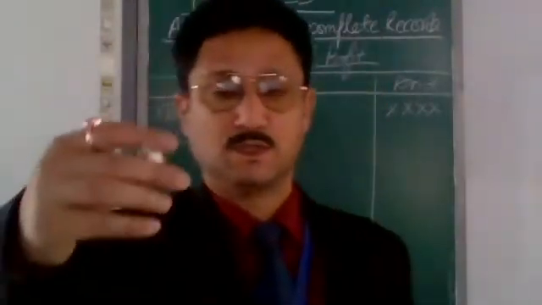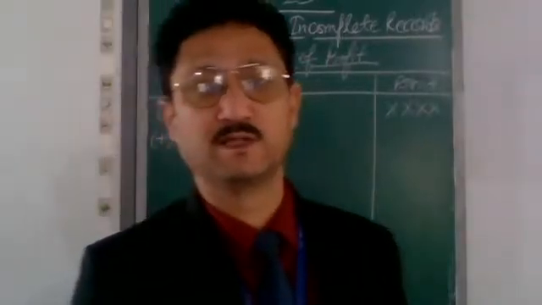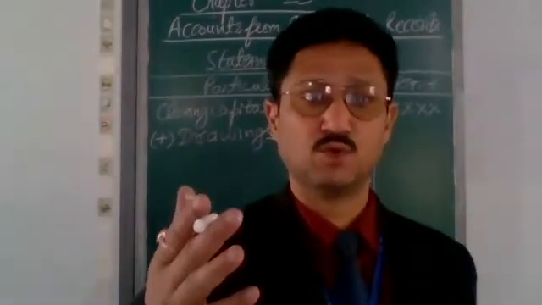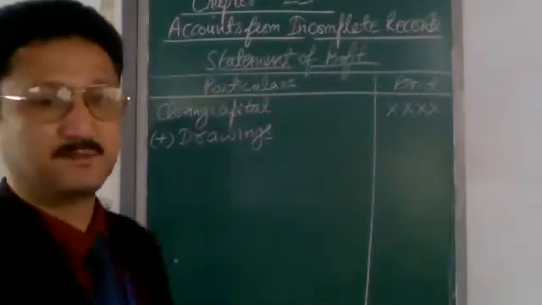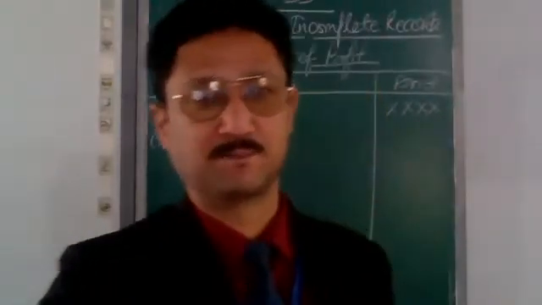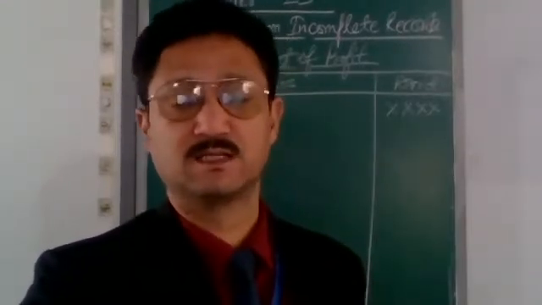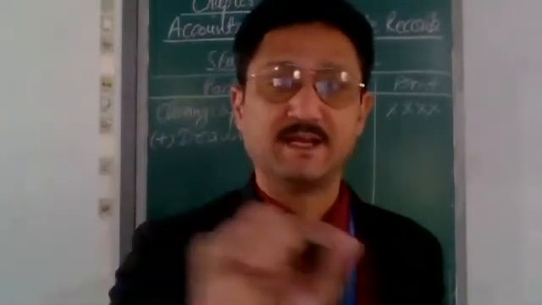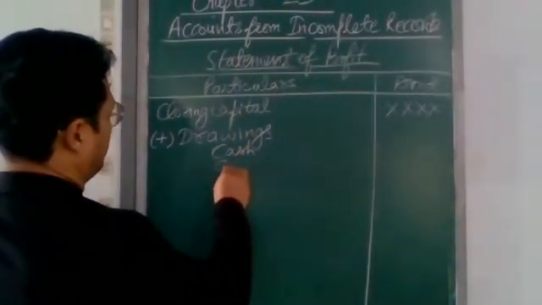We have to calculate the profit of the firm during the year. So we have to go in a reverse direction, and whatever items were added in the opening capital are subtracted, and the items which were subtracted are added in the formula. You see, drawings of cash, drawings of goods, whatever it may be.